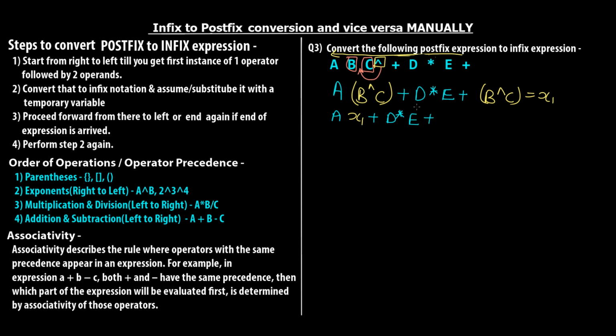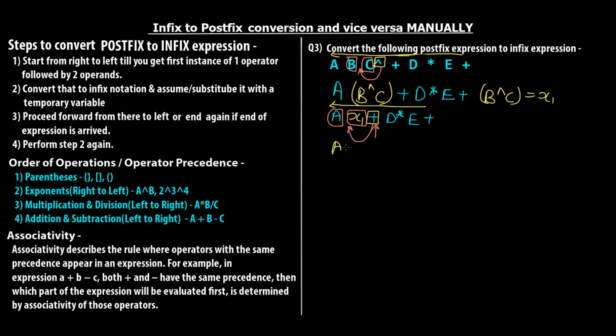Okay, so again we have to go from right to left. If you observe, after this plus sign, now we have two operands, x1 and a. The remaining operators do not follow two operands. So after this plus, we do not have two operands. After this star, we do not have two operands. So that pattern only exists for this particular plus sign over here. So we'll convert this to infix.